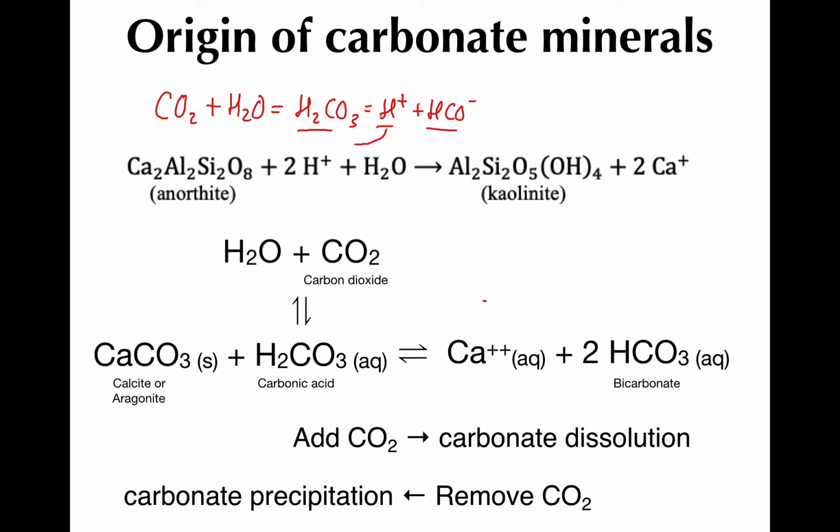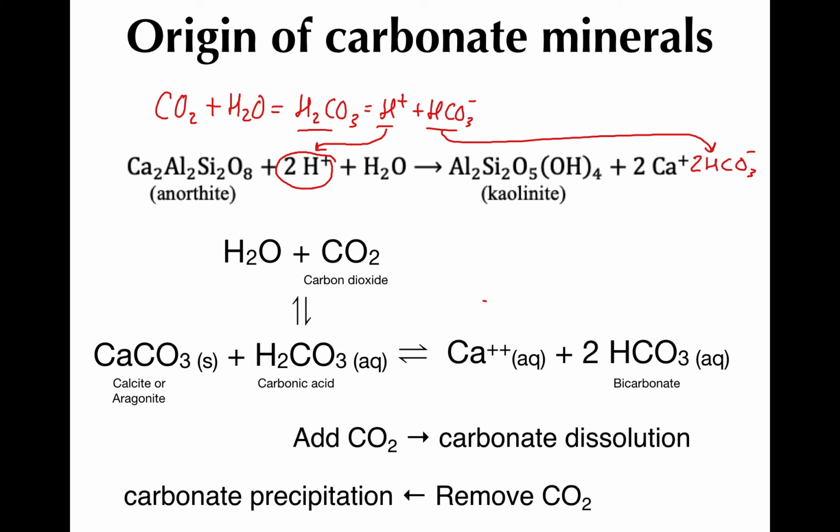And that is the origin of this hydrogen ion in a weathering reaction that we discussed earlier in class, the weathering of anorthite to kaolinite. Well, in order to keep this balanced, then, we would have to add that's HCO3, 2 bicarbonates to this side of the equation.